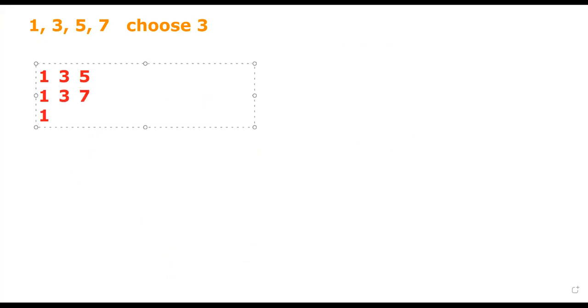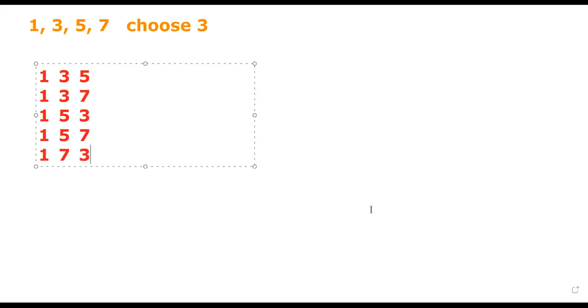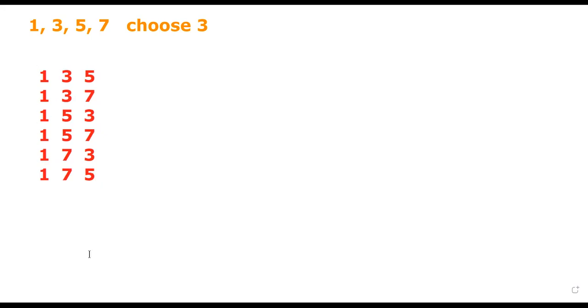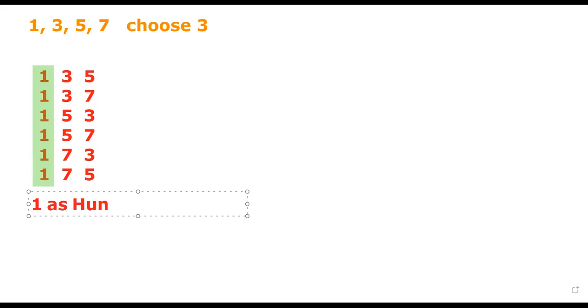So it can be 135, 137, or 153, 157, and then it can be 173, and finally 175. Now notice that these are all the possible values where we have 1 as our 100s digit.